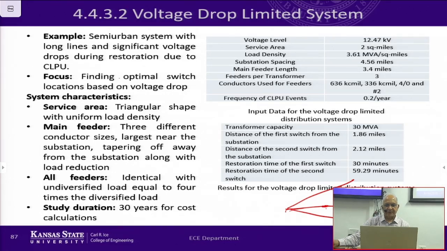Feeders per transformer, 3 transformers, and we used these specific conductors listed here, and we assumed there are going to be 0.2 events per year, which essentially means that you can't have fractional events in a year. So it means that you have one event in every 5 years. So that's how the frequency of events is computed.